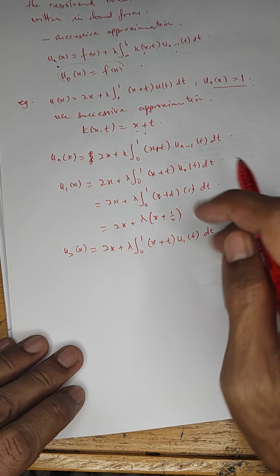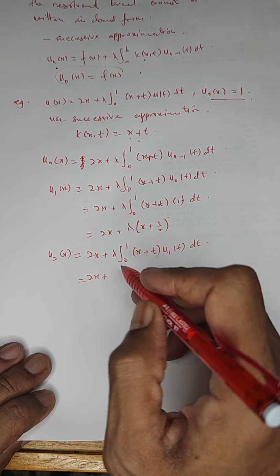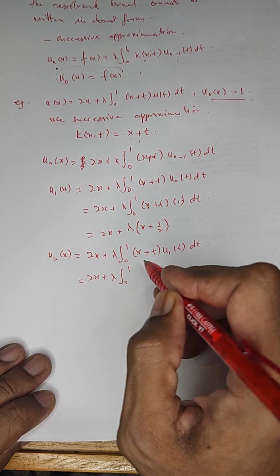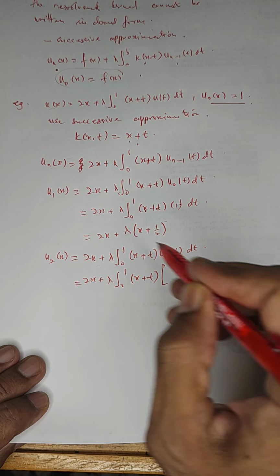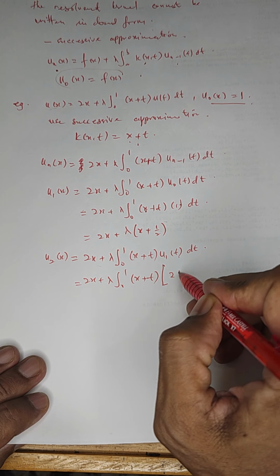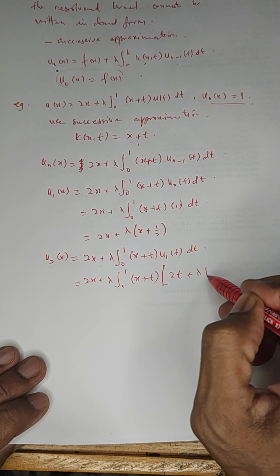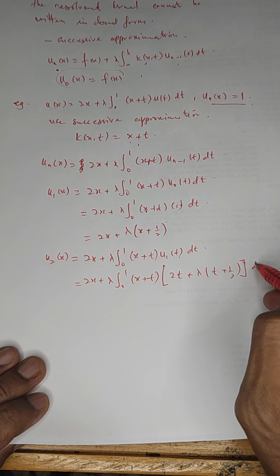So you can substitute into that. This gives you 2x plus lambda 0 to 1 (x plus t), our u_1 is 2t plus lambda (t plus half) dt.